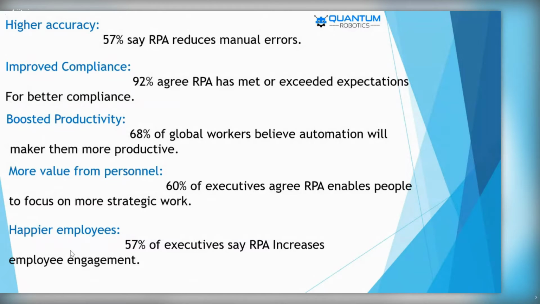Improved compliance. Improved compliance means that 92% agree robotic process automation has met the accepted expectations for better compliance.